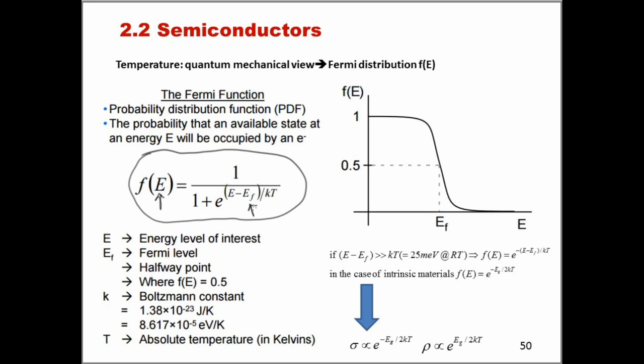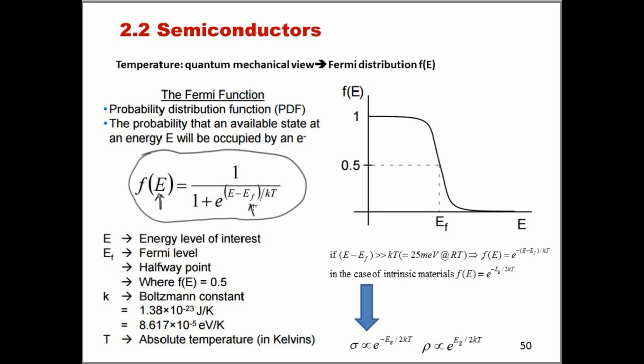The theory behind the Fermi function deals with fermions, and an example of fermions are obviously electrons. So they are dealt with as if they were a gas of electrons.